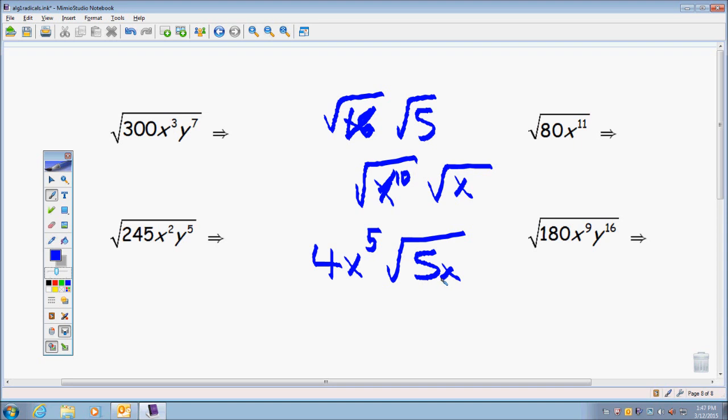What is that 245? Give me a second here. I am playing with this on my calculator. 245 divided by 64? No. 245 divided by 36?